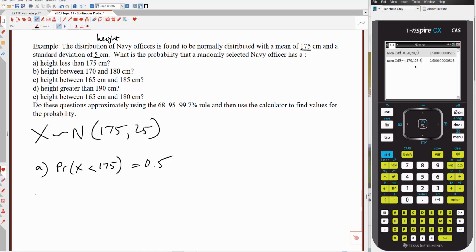All right, B, a height between 170 and 180. So the probability that the random variable falls between 170 and 180. I certainly know, according to this rule here, that this is one standard deviation to the left and the right of the mean.